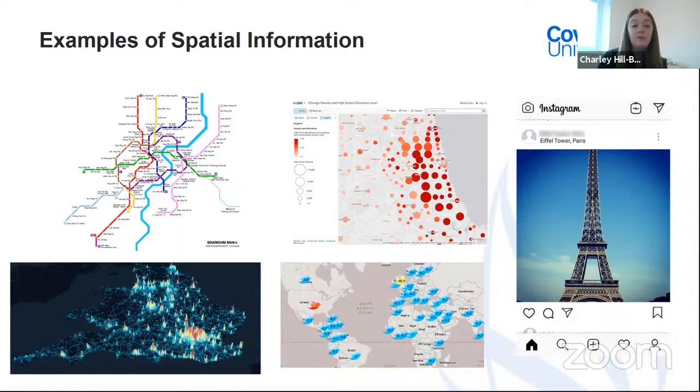Other examples, we've got the distribution, a little bit different in its appearance here, in terms of almost a 3D representation of spatial information. So we're almost representing a graph but on a map in terms of engagement from a UK perspective.